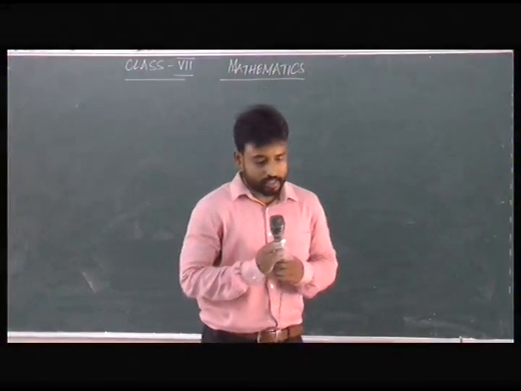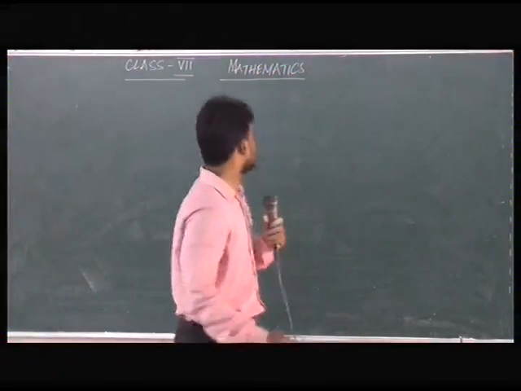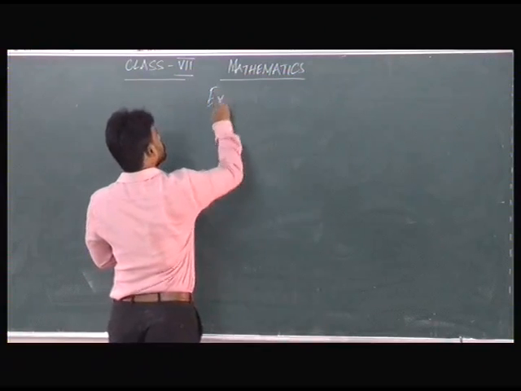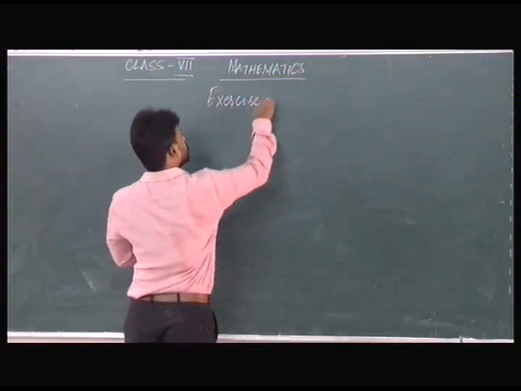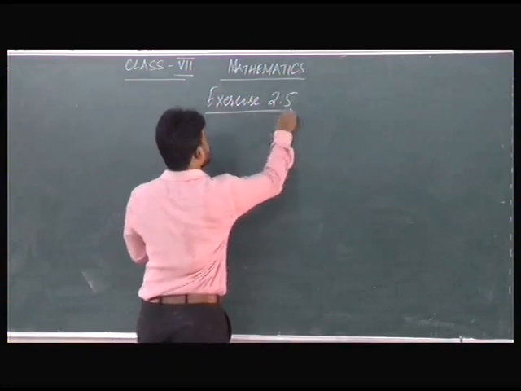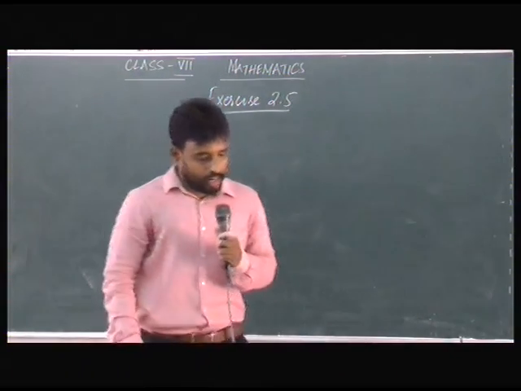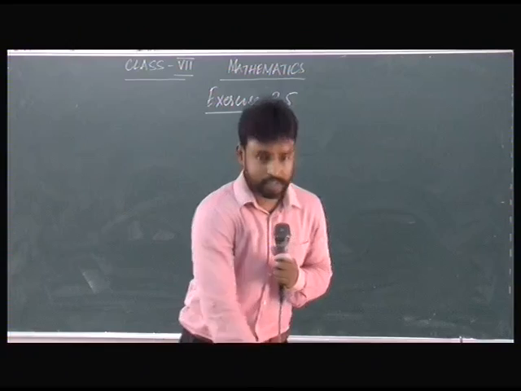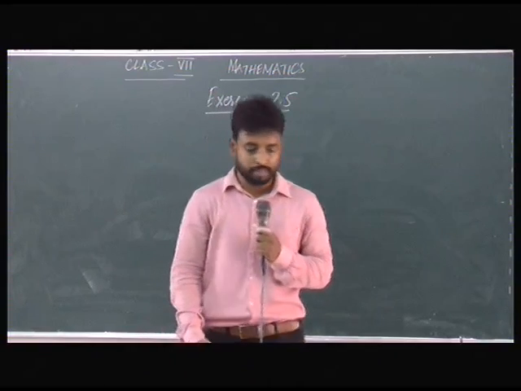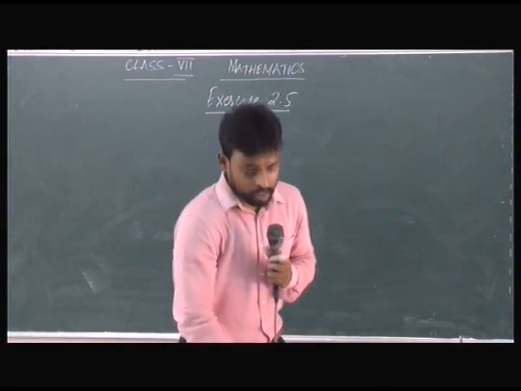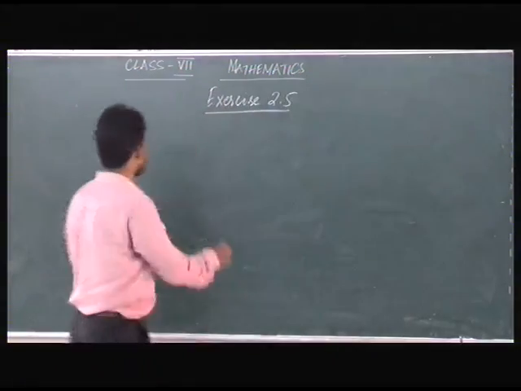So let us come to exercise 2.5. Let us take up question number 1, part 2 first. These are problems based on decimals. So let us take question number 1, part 2.